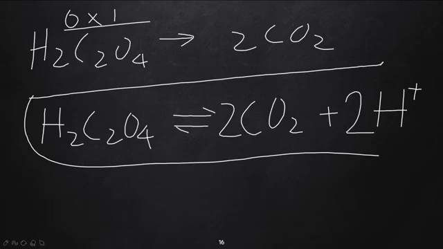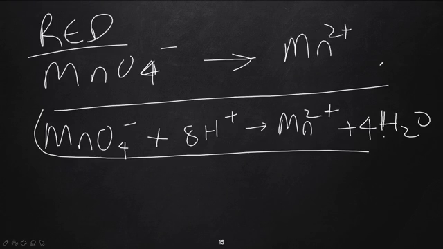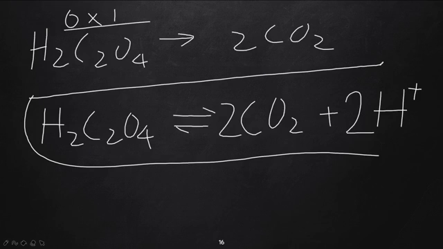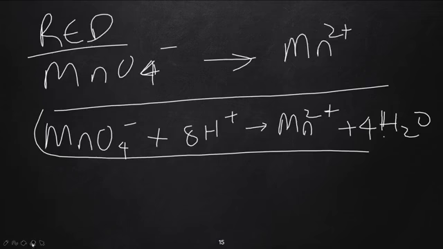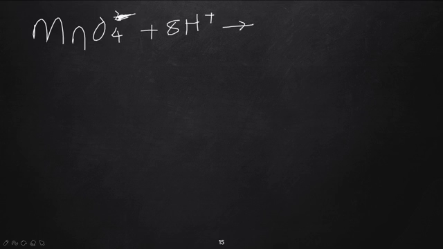Now we have our balanced oxidation half equation, that is this, and our balanced reduction half equation, that is this. What's the next thing we need to do? Balance the charges. For MnO4 minus plus 8H plus, giving us Mn2 plus and 4H2O, let's balance the charges.